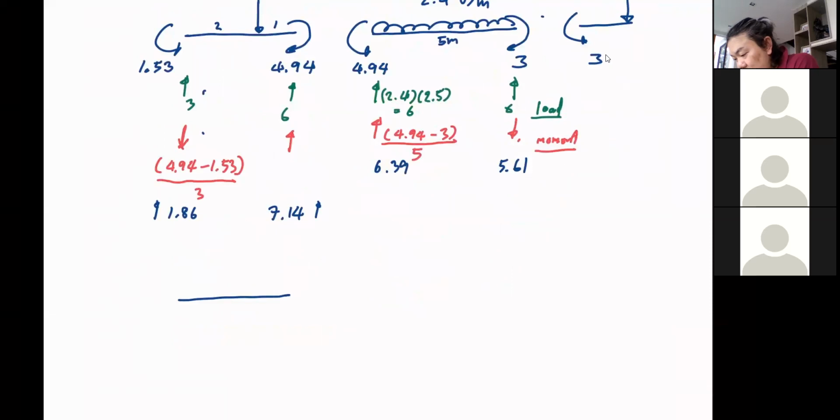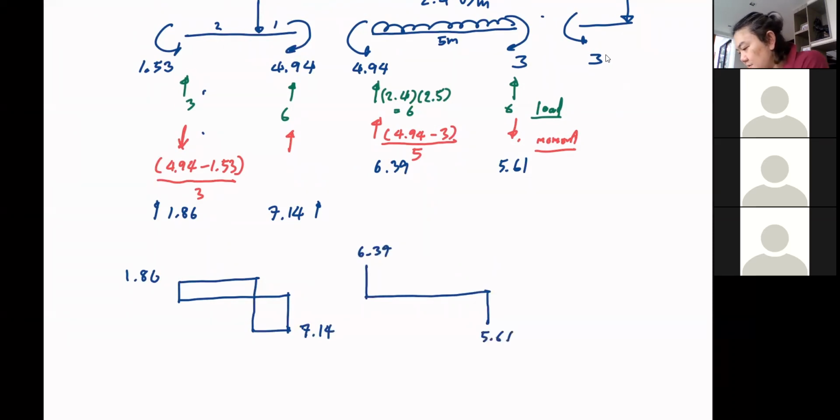First member, it's going up 1.86, coming down 9 to meet 7.14, right? The second one going up 6.39, coming down 5.61, like that maybe.